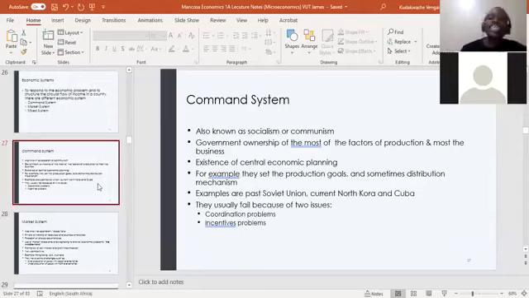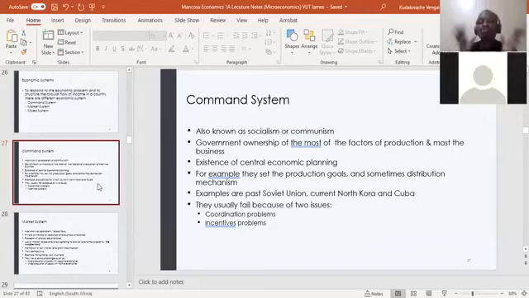I'm sure by just stating socialism or communism, you already have ideas in your mind about what I'm going to talk about. So the first thing that you need to know about the command system is that there usually is no private ownership of resources. There's what we call government or state ownership of the resources.